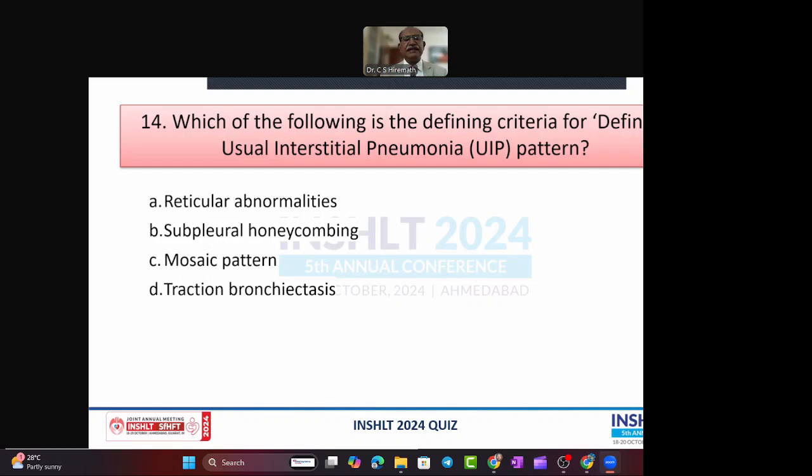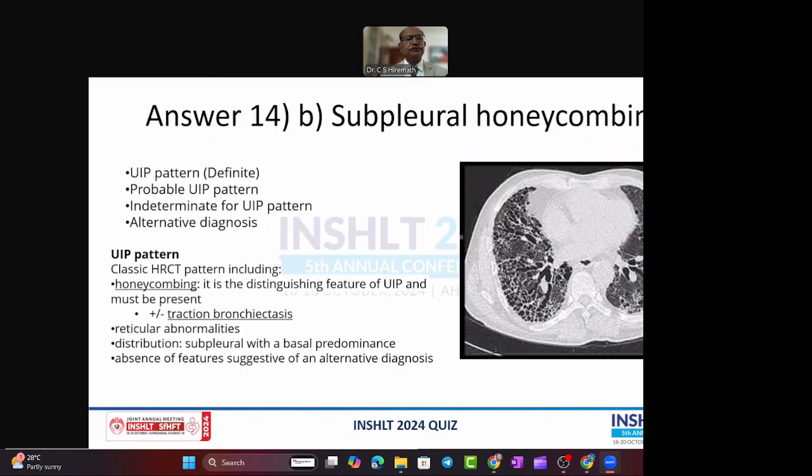Which of the following is the defining criterion for a definite usual interstitial pneumonia pattern? The answer is subpleural honeycombing. In usual interstitial pneumonia, the classic HRCT pattern includes honeycombing. It is the distinguishing feature of UIP and must be present.